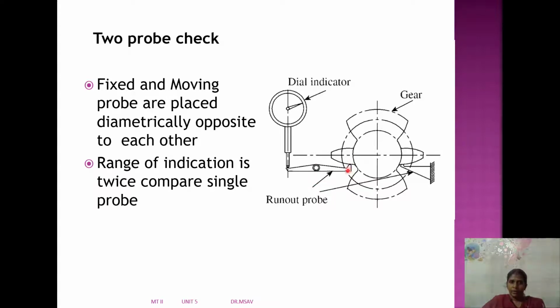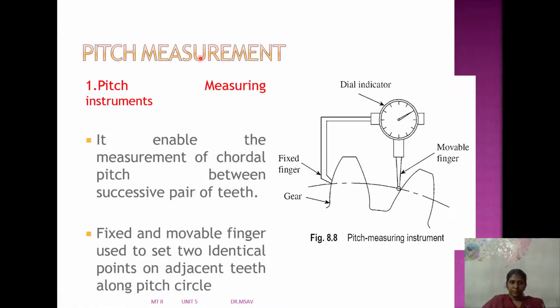The other end of the moving probe is connected to the dial indicator, and from that we can take readings. So this is for measuring runout errors in gear teeth. One is single probe, another is two probe. In the single probe we have only one probe for measuring the runout errors, whereas in the two probe check we have a fixed and a movable probe.